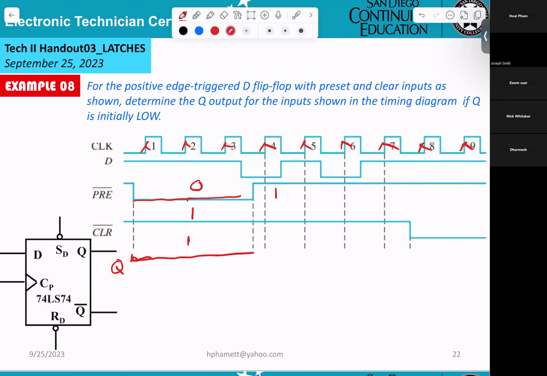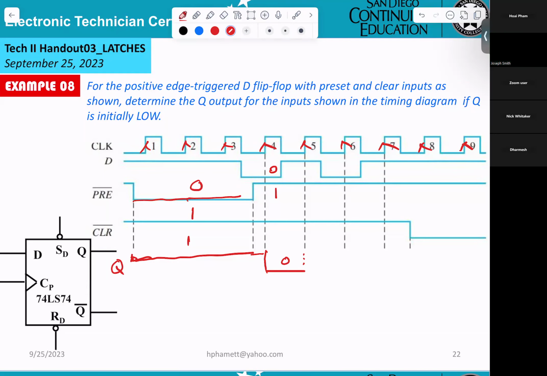You get a 1, and D, you get a 0. So when you get a clock, Q will be equal to D. That means 0. And go to the next.